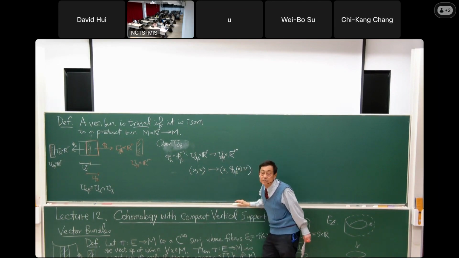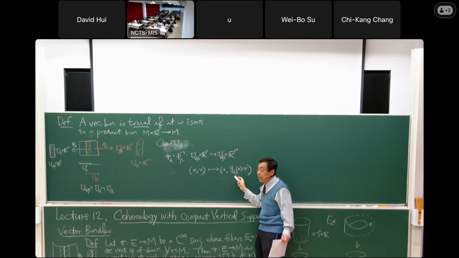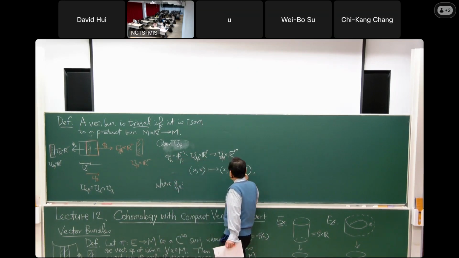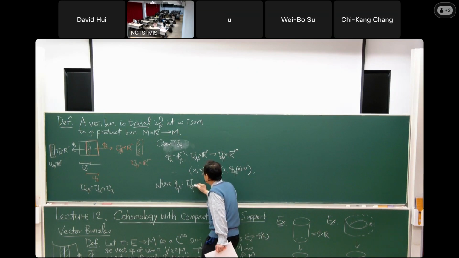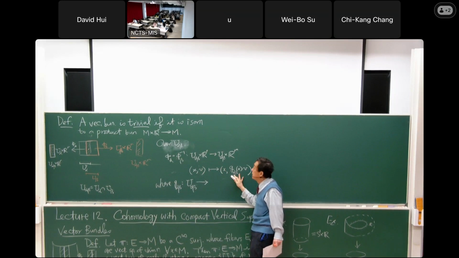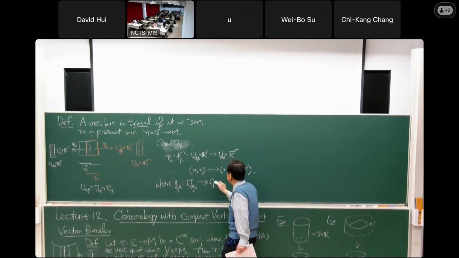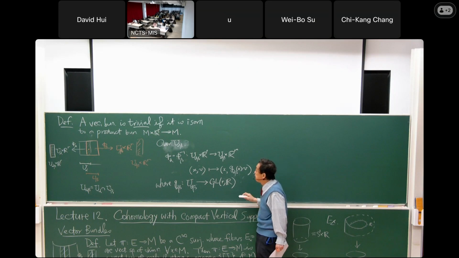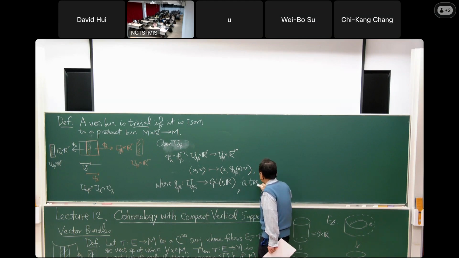So the transition function will have this form, where g alpha beta assigns to each point in the intersection a linear transformation of R to the R. So that is GL(R, R), the general linear group. Okay. So that is called a transition function.